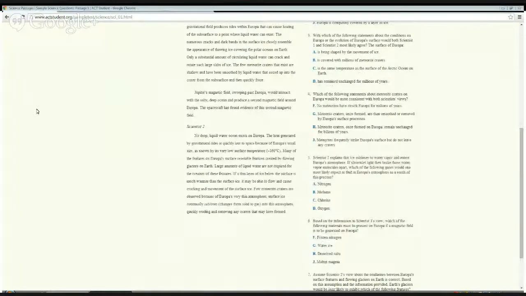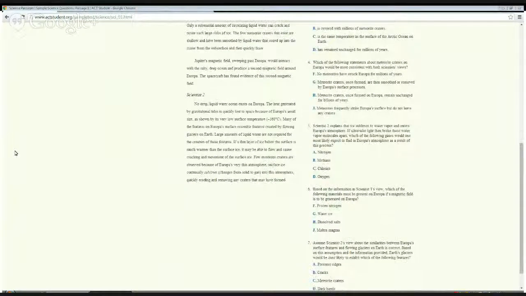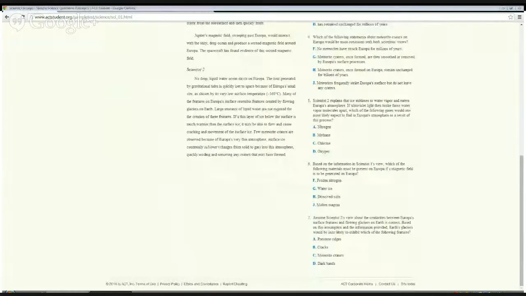Up here they talk about the magnetic field interacting with the salty deep ocean and producing a second magnetic field around Europa. So dissolved salts help produce the magnetic field. It comes from the salty ocean.